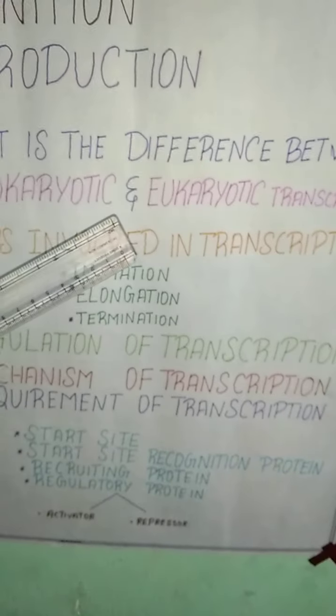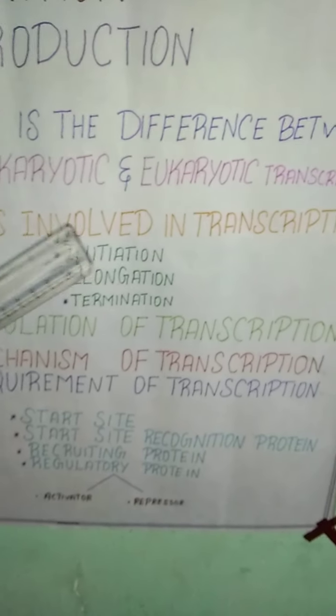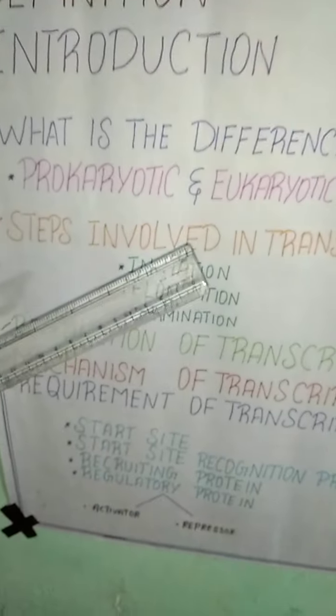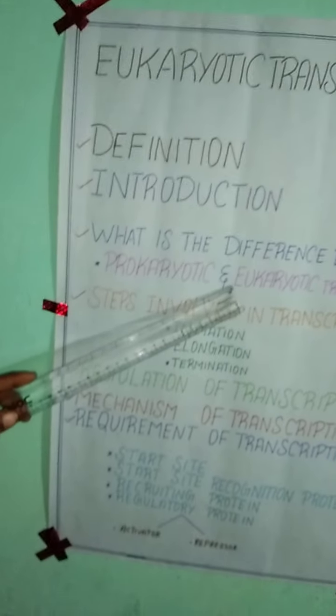In eukaryotes, one promoter controlling one gene is called monocistronic expression. In prokaryotes, multiple genes controlled with one promoter and operator is called polycistronic expression. So eukaryotic transcription initiation is more difficult. Prokaryote initiation is very simple compared to eukaryotes.